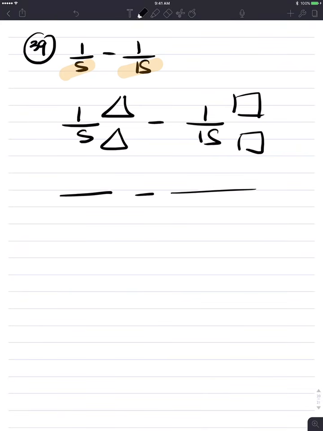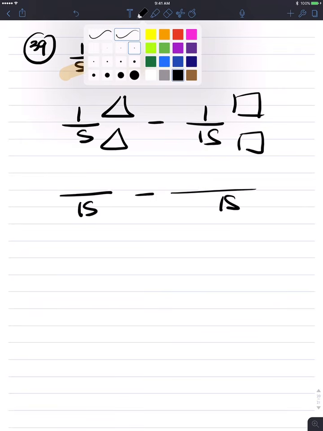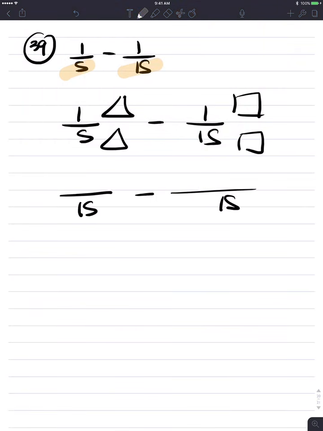Now we need the LCM of 5 and 15, and the LCM is 15. We're going to have to determine what to put in our triangles and our squares. 5 times 3 is 15. 3 goes in our triangles. 15 times 1 is 15. 1 goes in our squares.